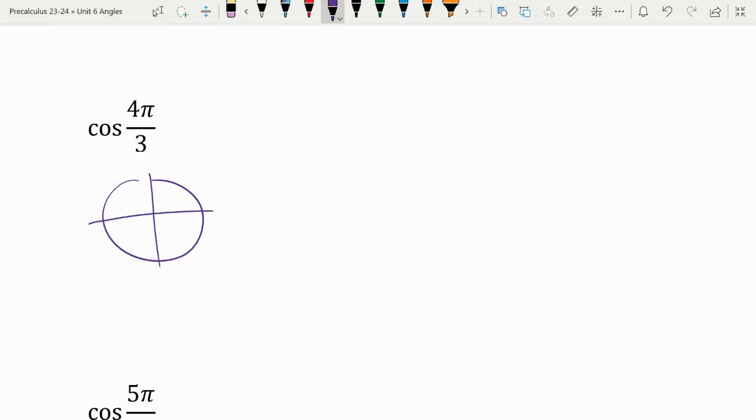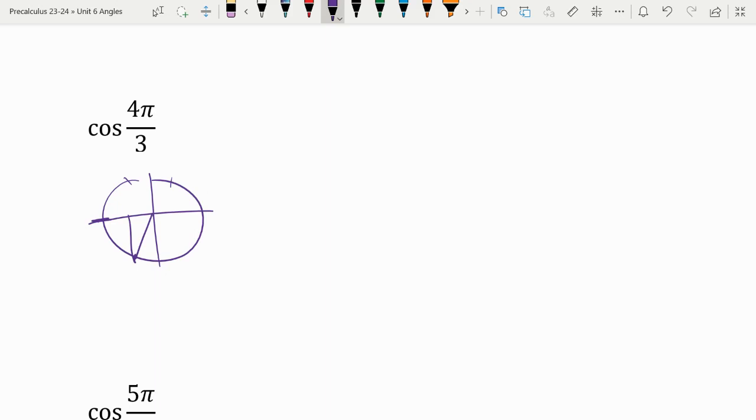And you should be trying to do it without looking up at the other stuff. All right? So let's count by pi over 3. 1 pi over 3, 2 pi over 3, 3 pi over 3, 4 pi over 3 is there, correct?